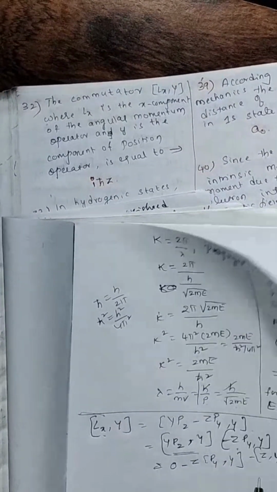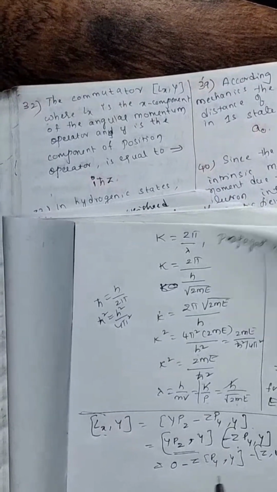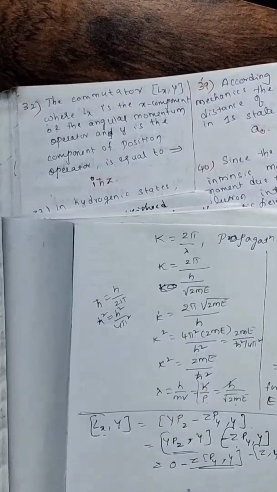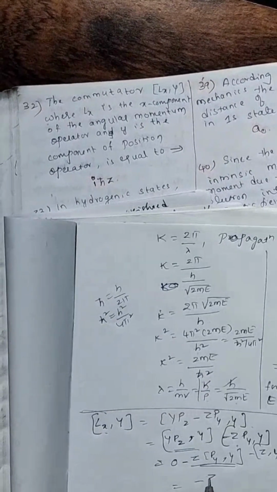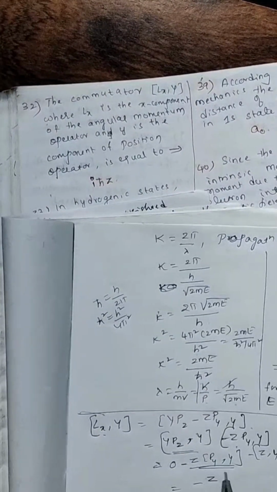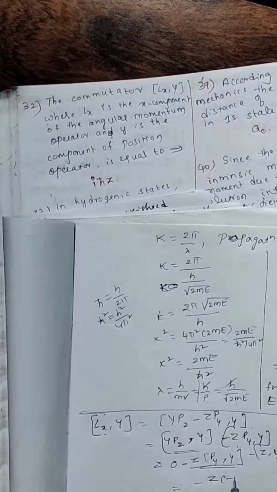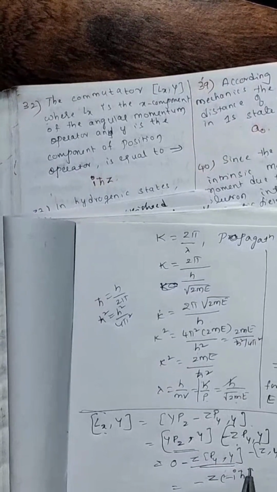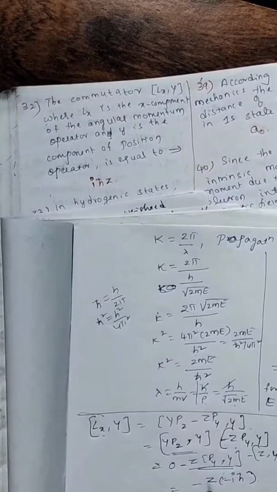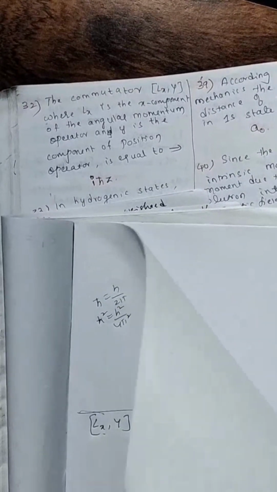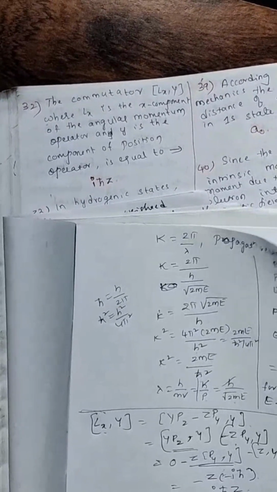Since the first bracket does not contain any conjugate pair, it vanishes. So minus z, the value of this will be minus i h cut. So that is minus minus plus i h cut z.